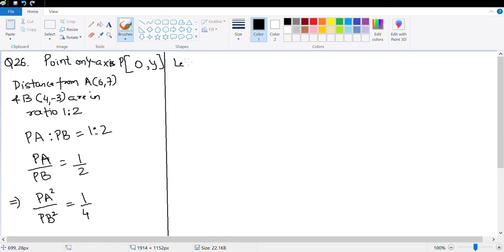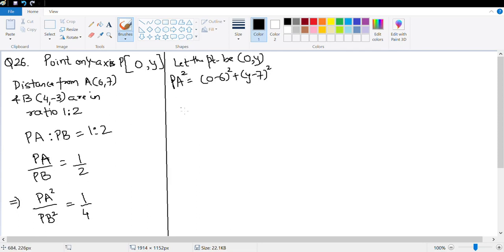So let the point be 0, y, since it's on the y-axis. So let's look at the length of PA. PA would be equal to 0 minus 6 whole square plus y minus 7 whole square. We're doing PA square, sorry.